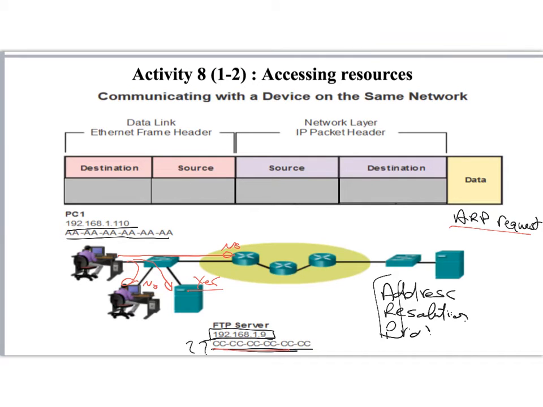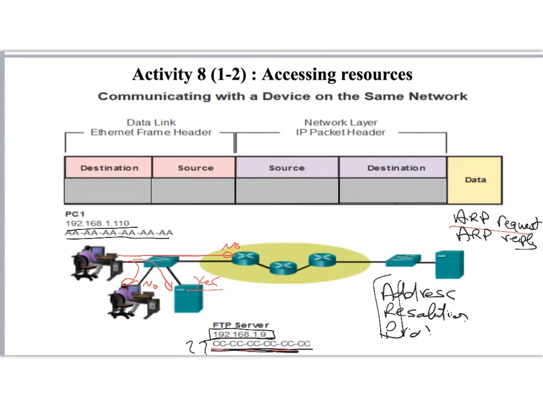Okay? So this is a prerequisite step that I have to do. Once I receive what we call the ARP reply with the physical address of the FTP server, I will put it in my cache, and from now on I will use it. So now we answer the first question.